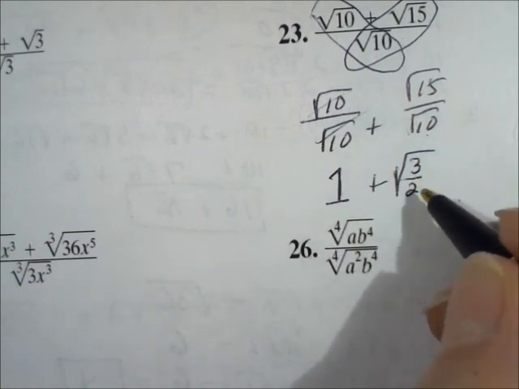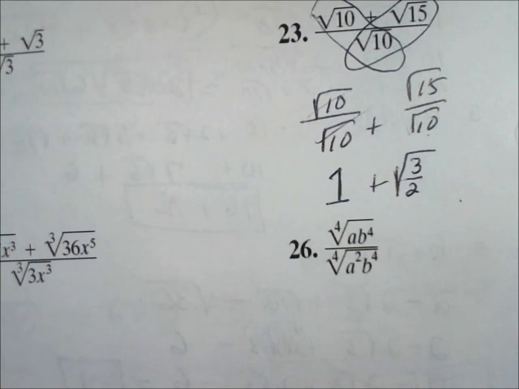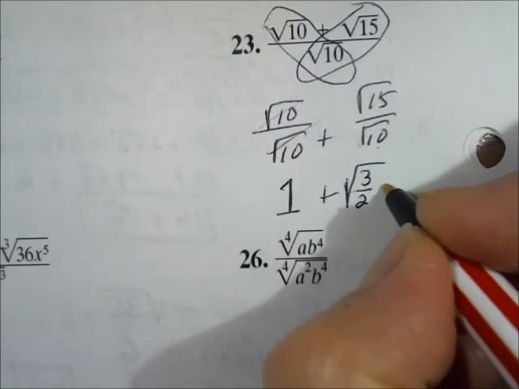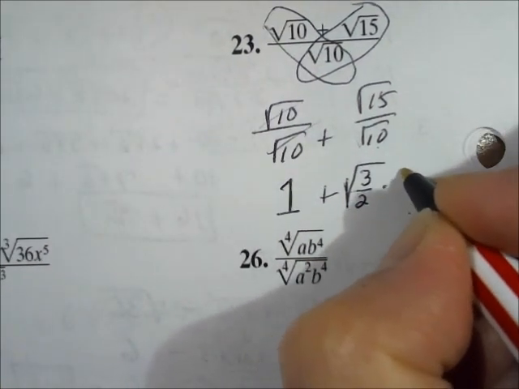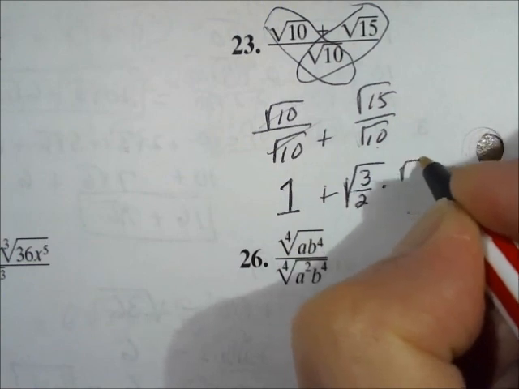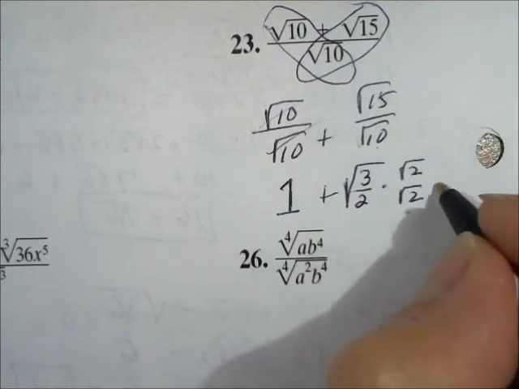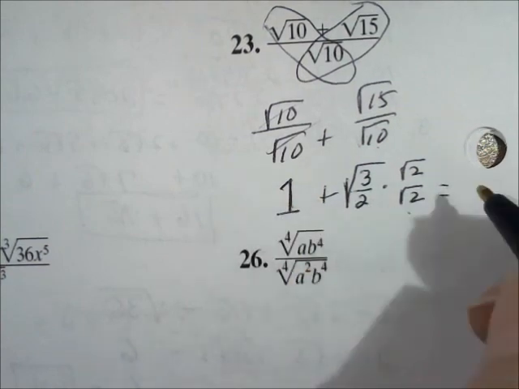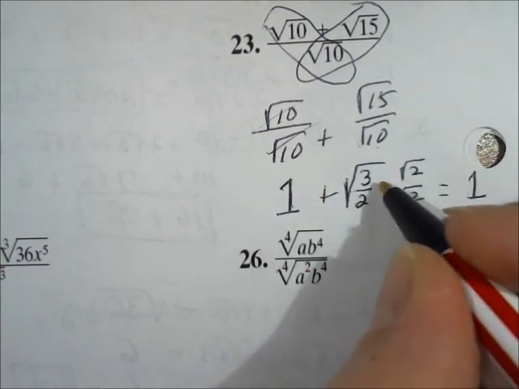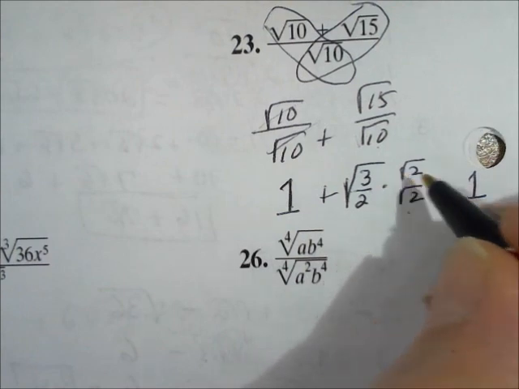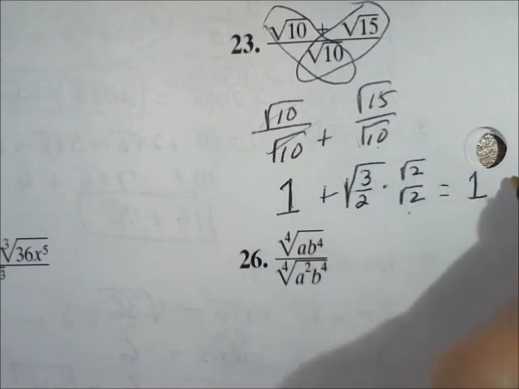But we don't want to have a fraction underneath that radical. So what we're going to do is multiply this by the square root of 2 over the square root of 2. And now we have to write that 1 again. The square root of 3 times the square root of 2. Remember, when you multiply radicals, well, I got to put a plus sign in there.